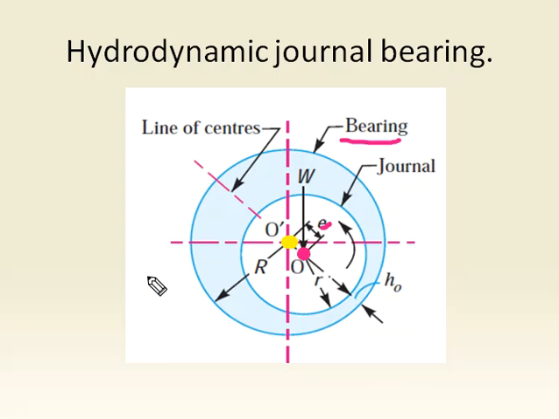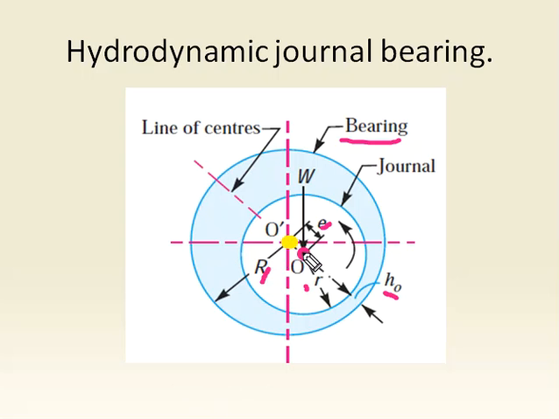Capital R is the radius of the bearing, and small r is the radius of the journal. h naught is the minimum oil film thickness, and if you join the two centers in a line you get the line of centers.